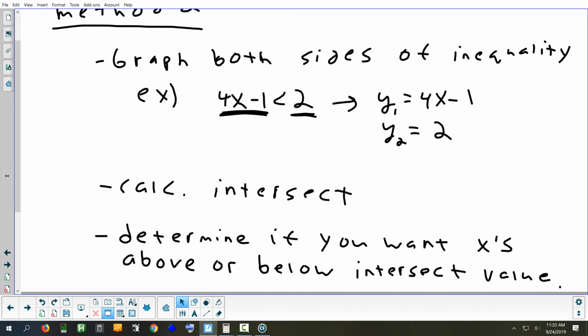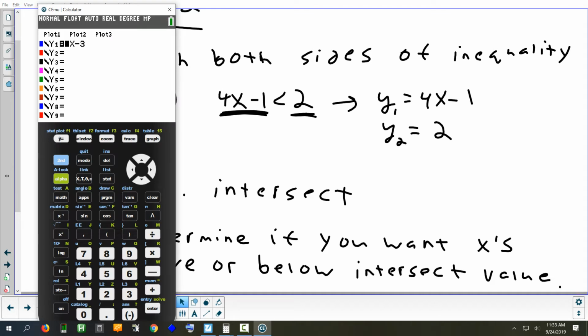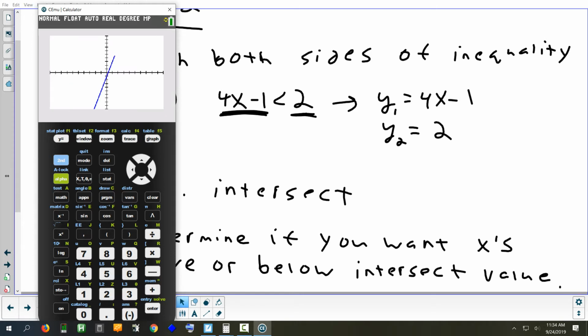Okay, so let's type in 4x minus 1. That was the original left side. We're going to put 2. So there's this extra step because we didn't get 0 on one side. So now we've got 2. I'm going to hit graph. And if you want to think of it in terms of color, we're looking for where the graph in blue is under the graph in red.